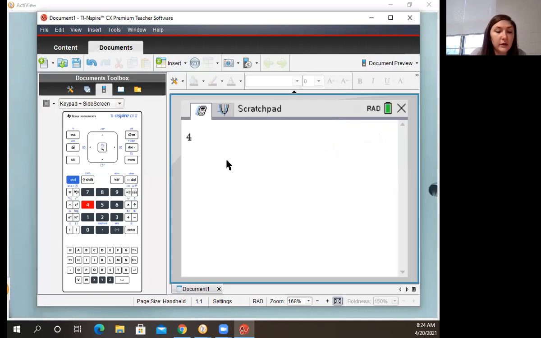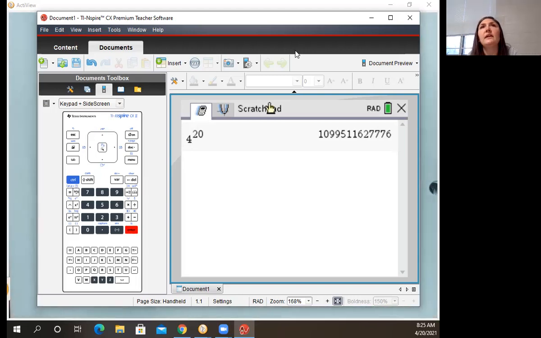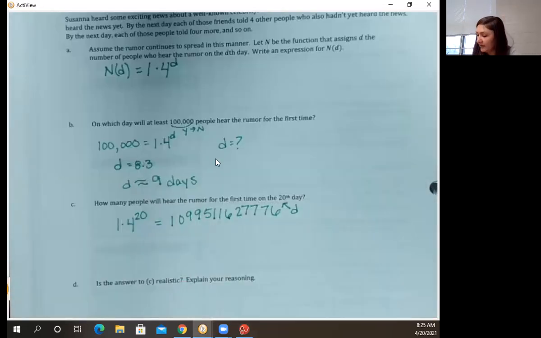So this would be 4 to the 20th power. And we get a really large number here. 1099516277776. Now that I've copied that down, put away my calculator.